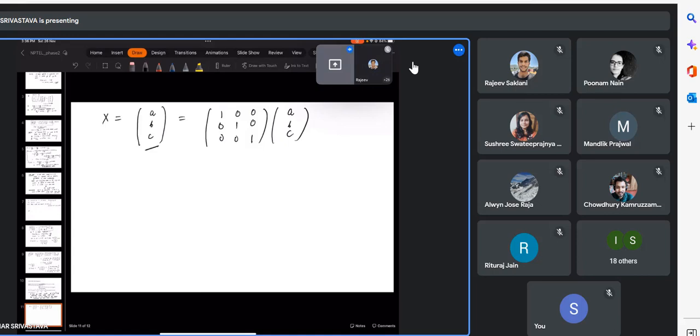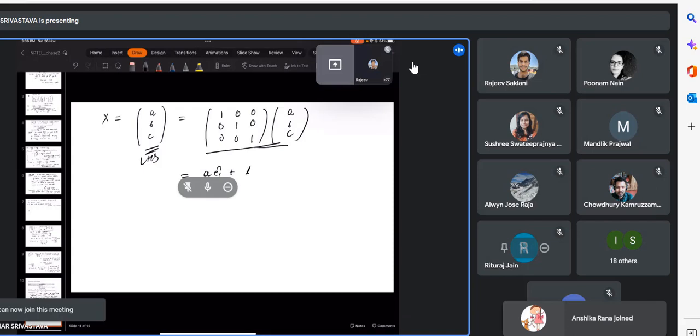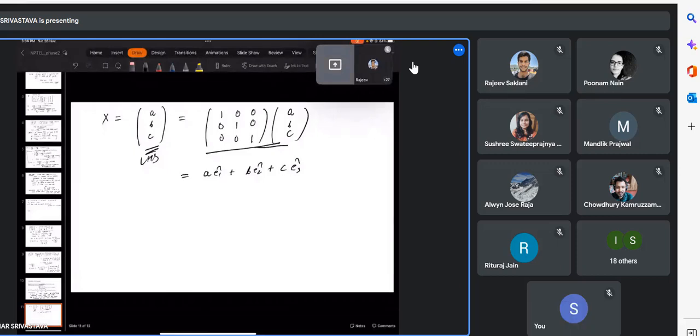We can write this left hand side as A times E1 plus B times E2 plus C times E3, that is A times (1, 0, 0) plus B times (0, 1, 0) plus C times (0, 0, 1). You will just get this column vector A, B, C.